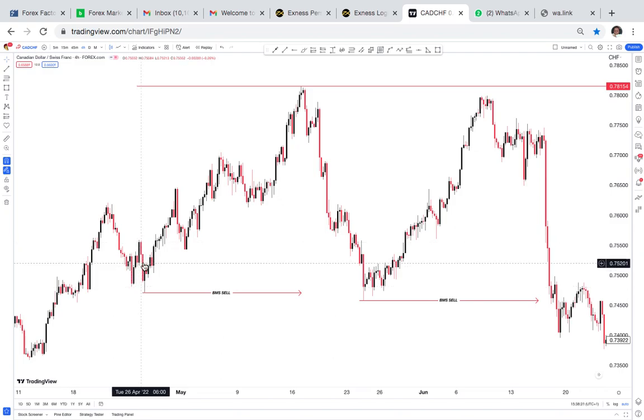So this wick here is supposed to be a demand for me. But price collected it as liquidity before climbing up. So you should know that sometimes that happens. This man took out this low and took out this high. This is the buy side now.